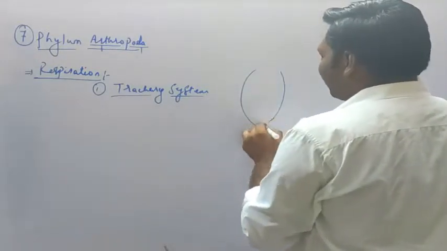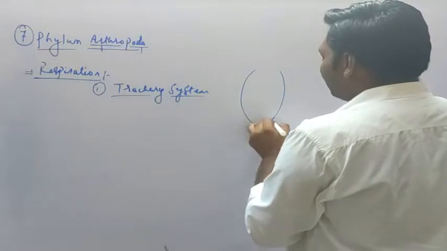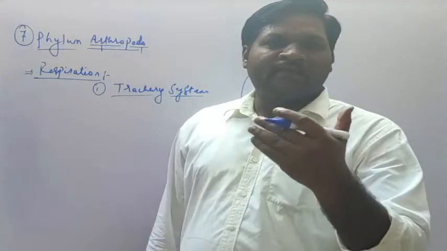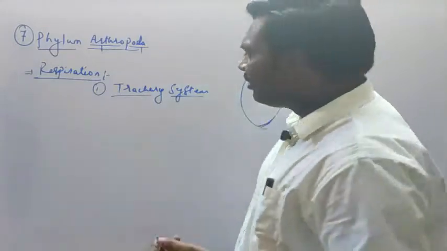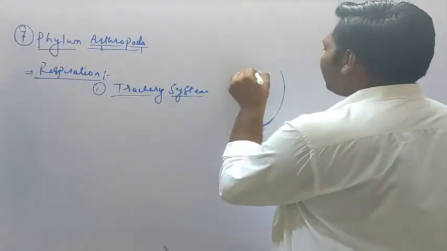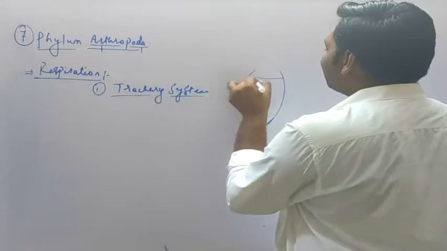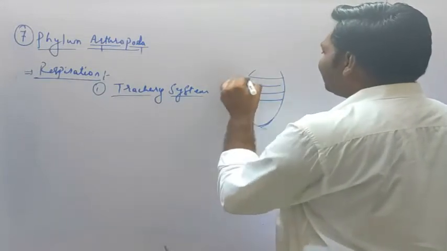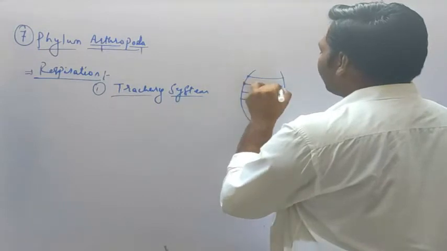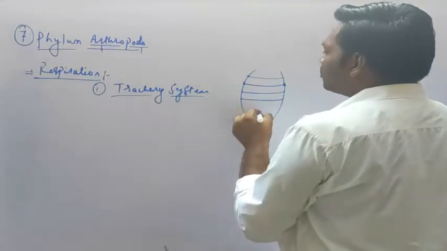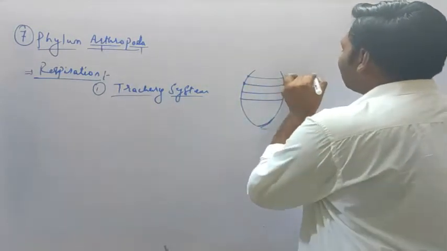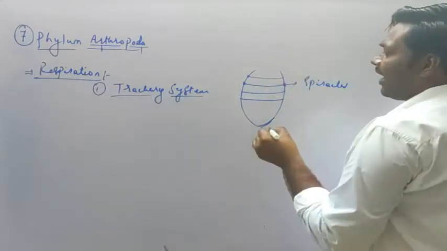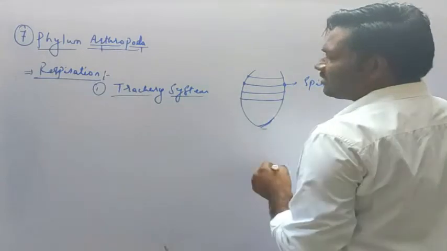The body is divided into head, thorax and abdomen. It is in the abdomen that we see the sclerites, and the sclerites laterally consist of small pores. Okay, these pores are called the spiracles.